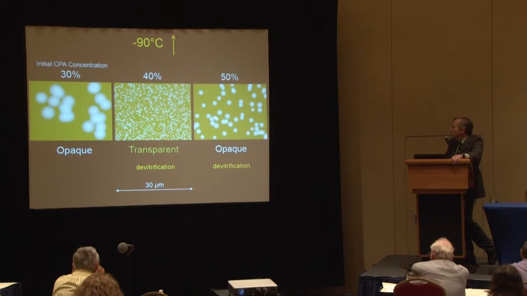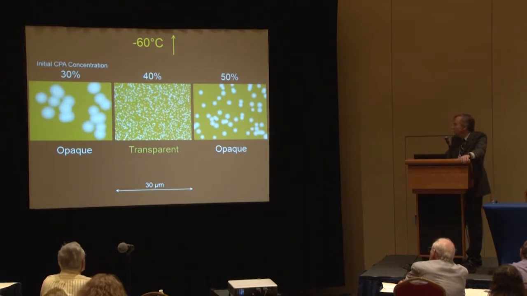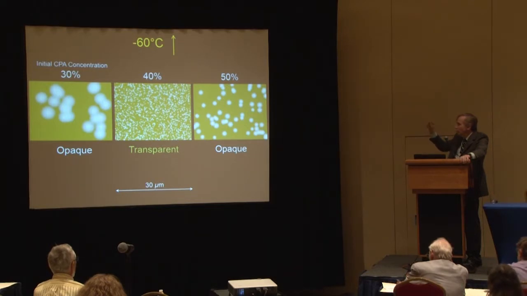So we continue rewarming, and then once we get to approximately minus 60 degrees in this hypothetical experiment, we're now entering the temperature regime where recrystallization can begin to occur. And recrystallization happens because the vapor pressure of small ice crystals is larger than the vapor pressure of large ice crystals.